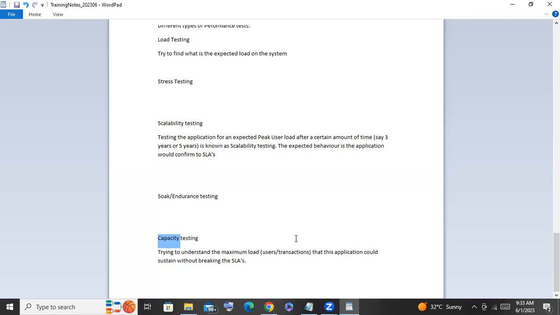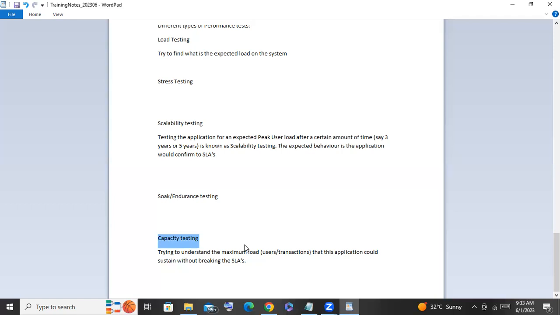So before they offer those kinds of big day sales, Republic Day sale, Diwali sale, they would have to understand the capacity of their application, whether the application would be able to sustain that kind of load or not.